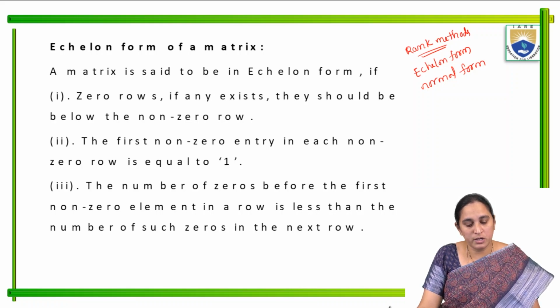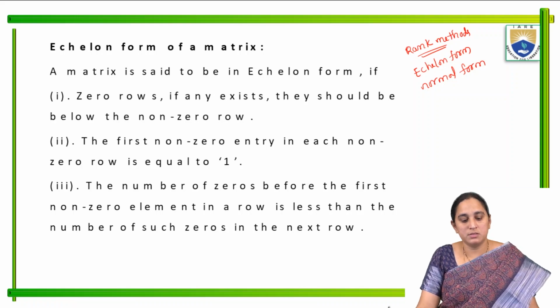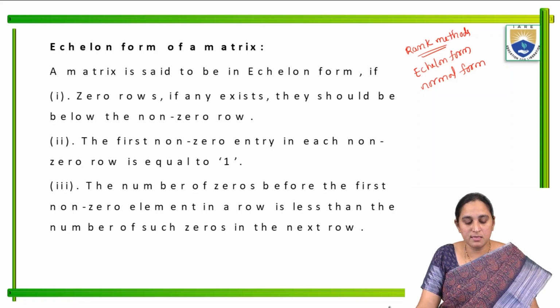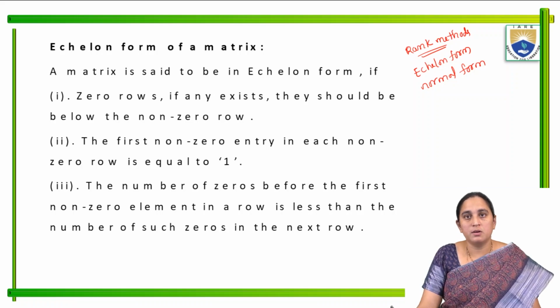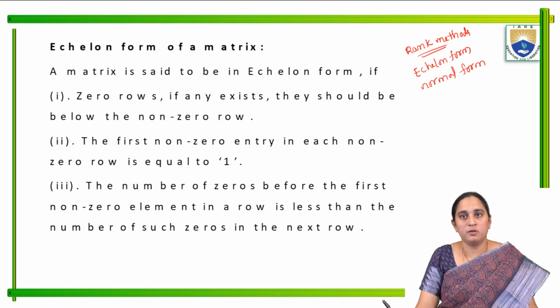And the second point, the first non-zero entry in each non-zero row is equal to 1. And the third point, the number of zeros before the first non-zero element in a row is less than the number of such zeros in the next row. This is the concept for the echelon form.